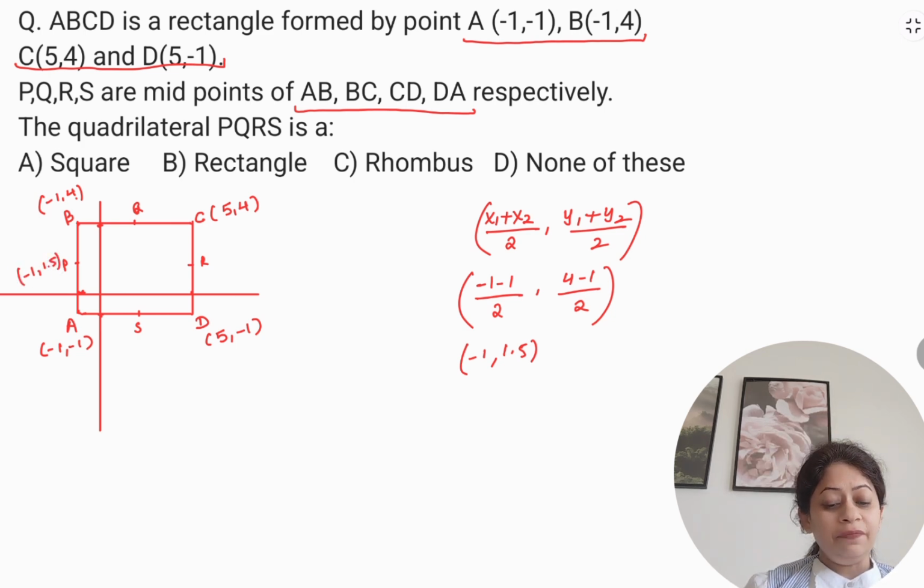Otherwise as well, if you observe, on this line all the points have x equal to -1, since ABCD is a rectangle, so this is a straight line.